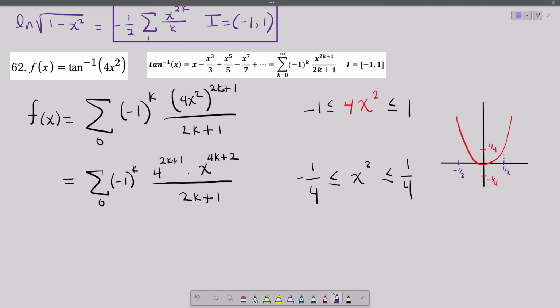And if you go up to the function, we want to be less than or equal to 1/4. So that means we can actually include the value there.